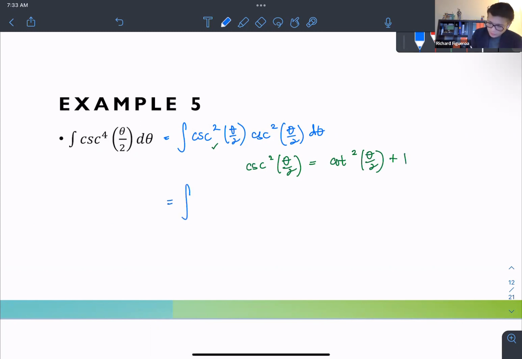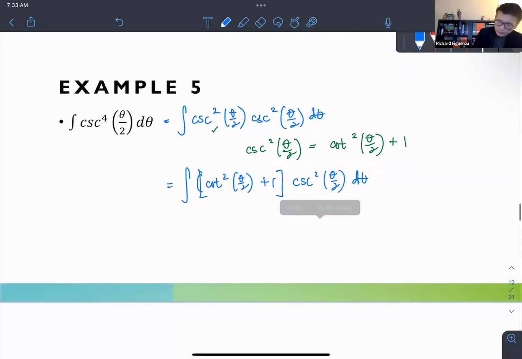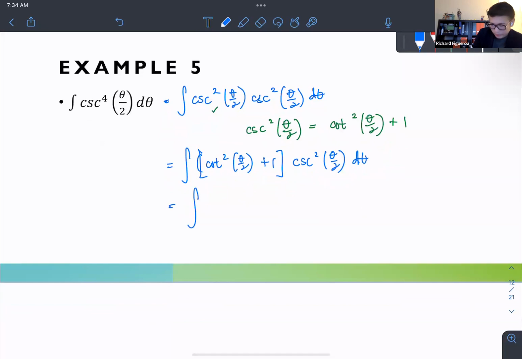So we substitute that. So that will be cotangent squared theta over 2 plus 1, then that is multiplied to cosecant squared theta over 2 d theta. Then we distribute this term to this.